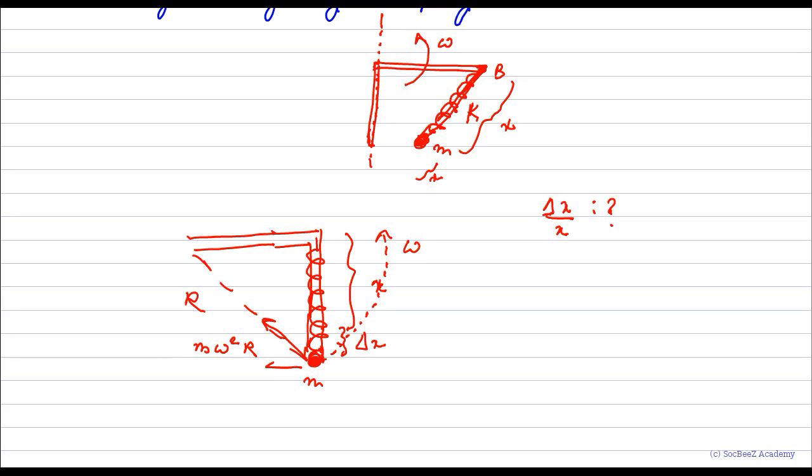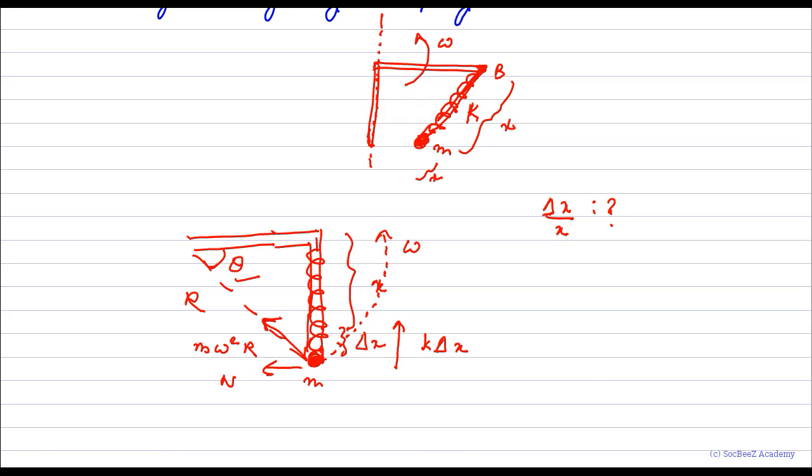One would be the normal force which this rod is going to provide on the body, and the other would be the spring force which the spring is going to apply on the body. The spring force is going to have a magnitude k into delta x. Let's say in equilibrium this angle is theta.